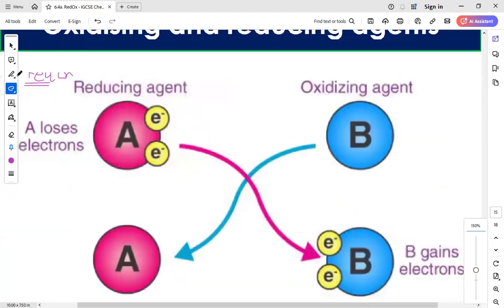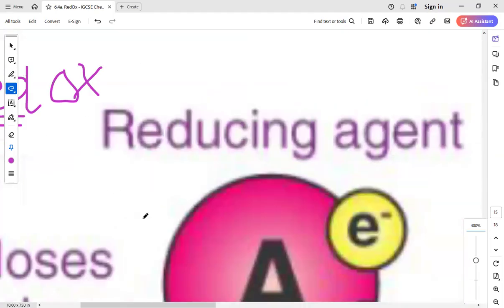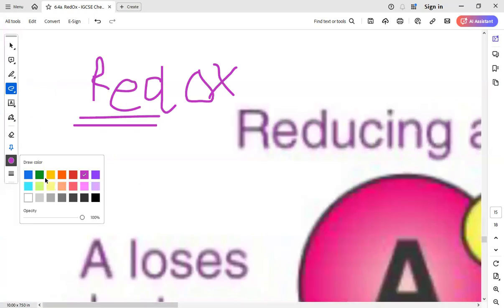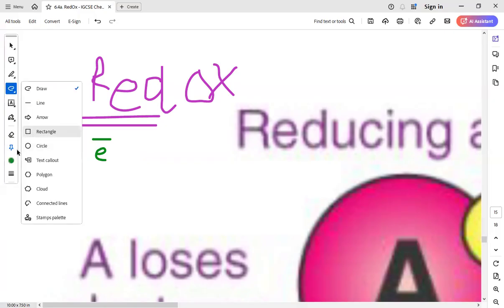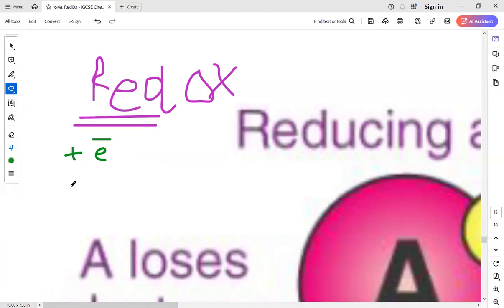So when we zoom in here, in redox, for reduction I'll just use a green color. So gain of electrons, a gain of electrons, right? A loss of oxygen, I'll just write O2.